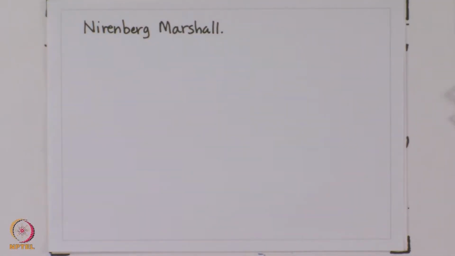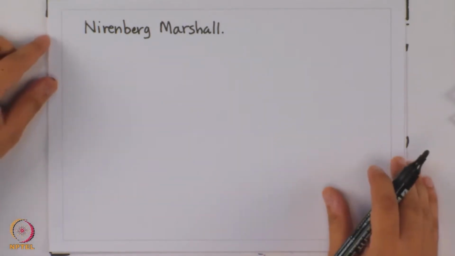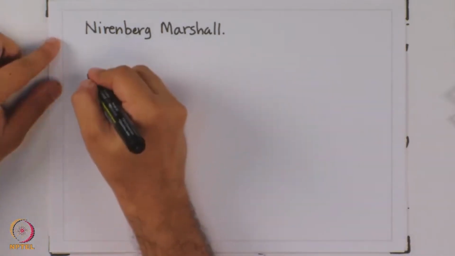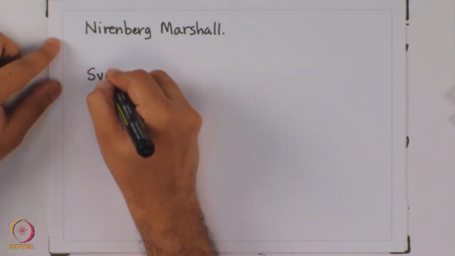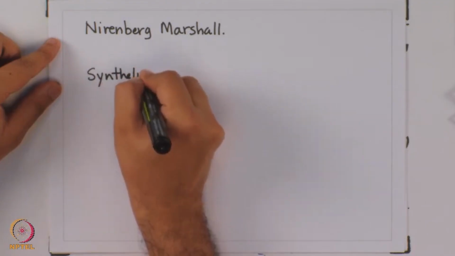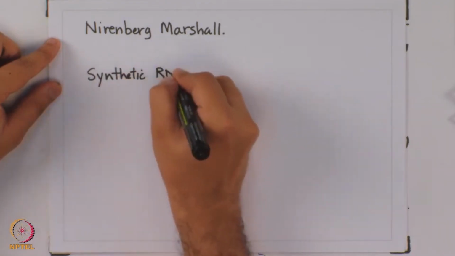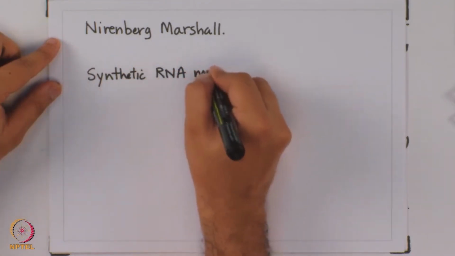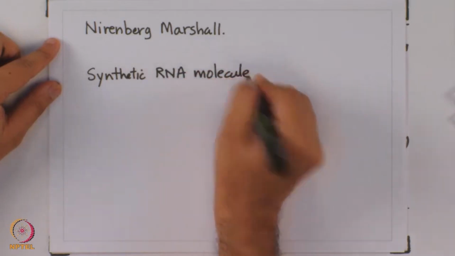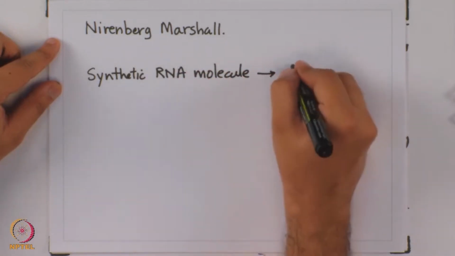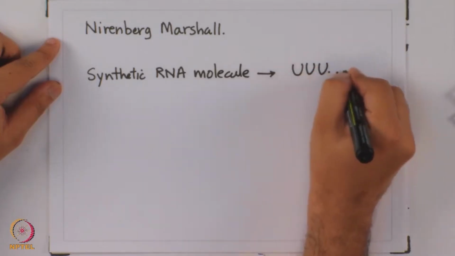And the story goes that there was a biochemical conference in 1961 in Moscow, and Marshall had done a synthetic experiment where he had synthesized a synthetic RNA molecule, and this synthetic RNA molecule was special in that it only comprised of U's.